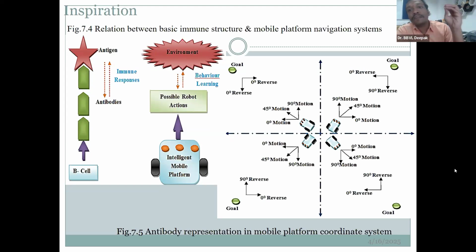Suppose in the environment a certain invader comes, and the invader is the cause of a cold. Then the immune system generates certain B cell antibodies. From the B cell antibodies, other protective cells are generated, and these protective cells try to neutralize the invader, the virus or the bacteria, whatever it may be.